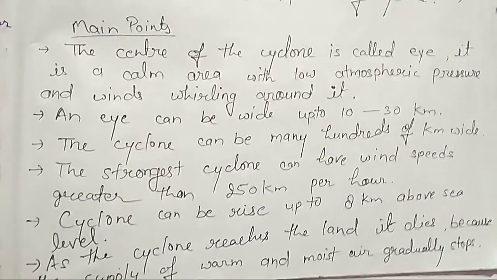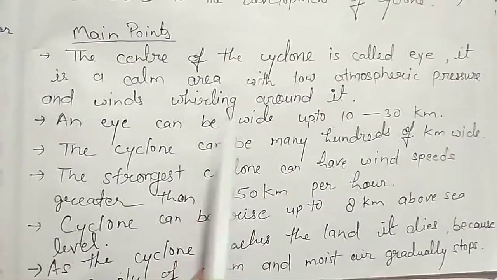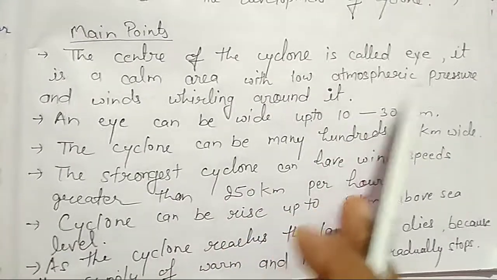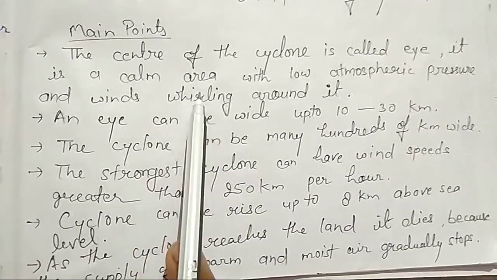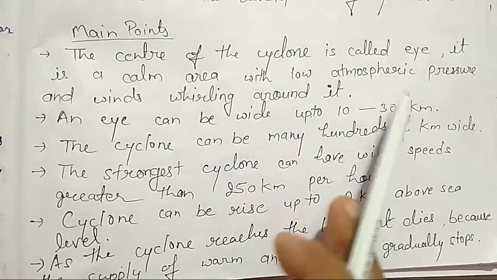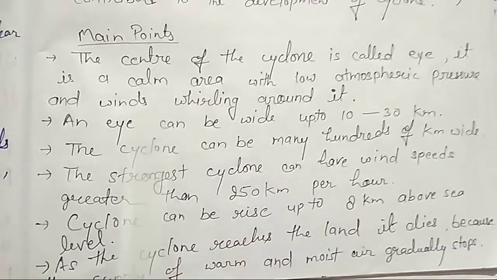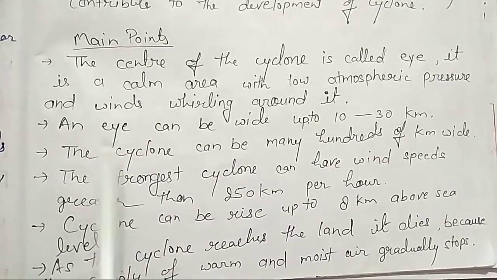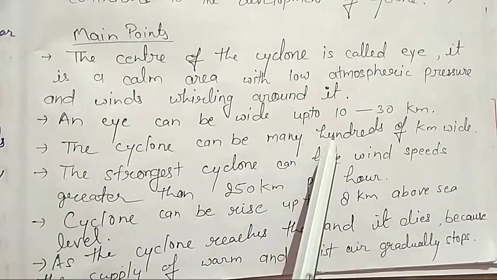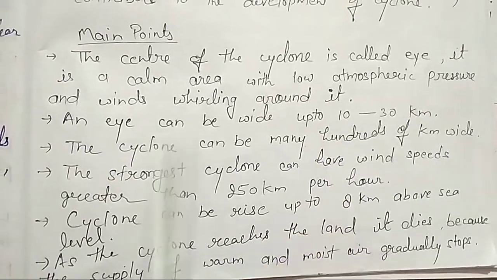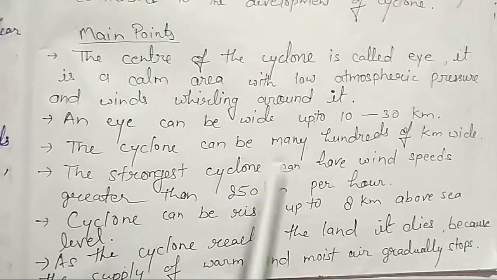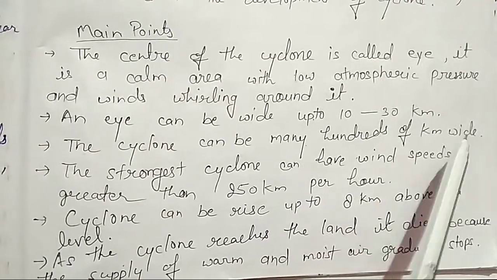The first is the center of the cyclone is called the eye. It is a calm area with low atmospheric pressure and winds swirling around it. Next, an eye can be up to 10 to 30 kilometers wide. The cyclone can be many hundreds of kilometers wide.